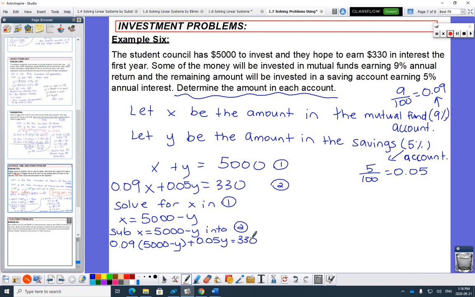You do have to do decimals. Unfortunately, you do have to distribute. So this 0.909 is times 5,000 and the y.